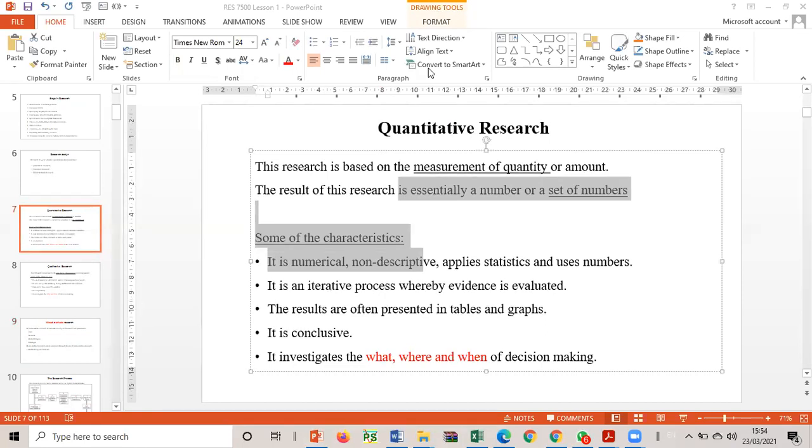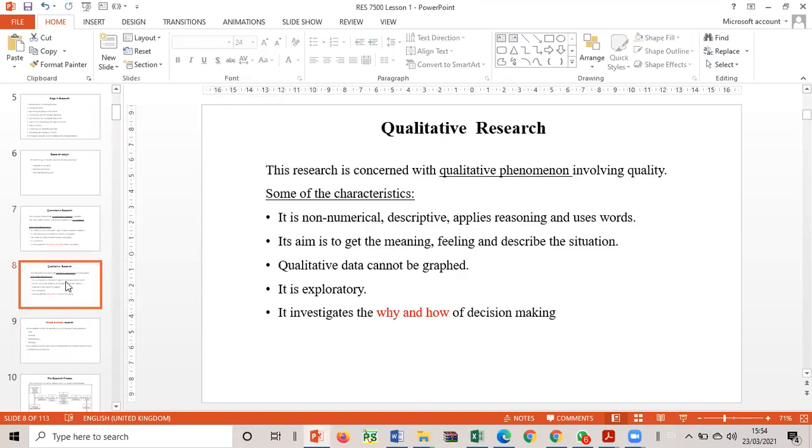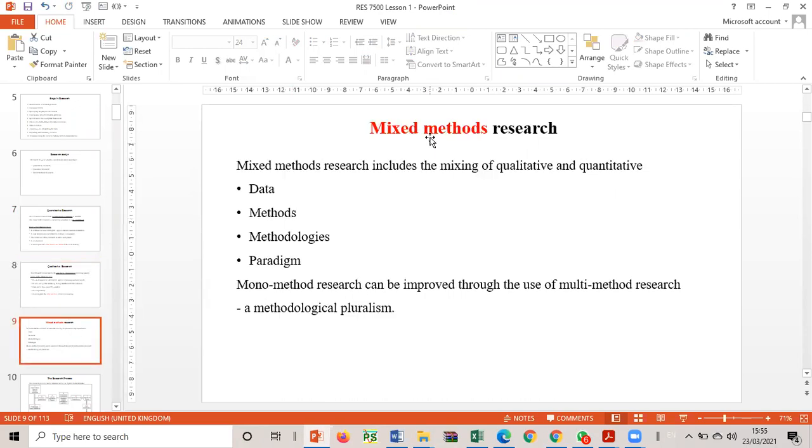In the end, you give a space for comments. That does not become qualitative. You can't call it a mixed method because the qualitative method has its own methodology. So just giving a space at the end of a questionnaire to write your opinion does not make it a qualitative study or mixed method. It is still quantitative methodology. You okay? Yeah, thank you.